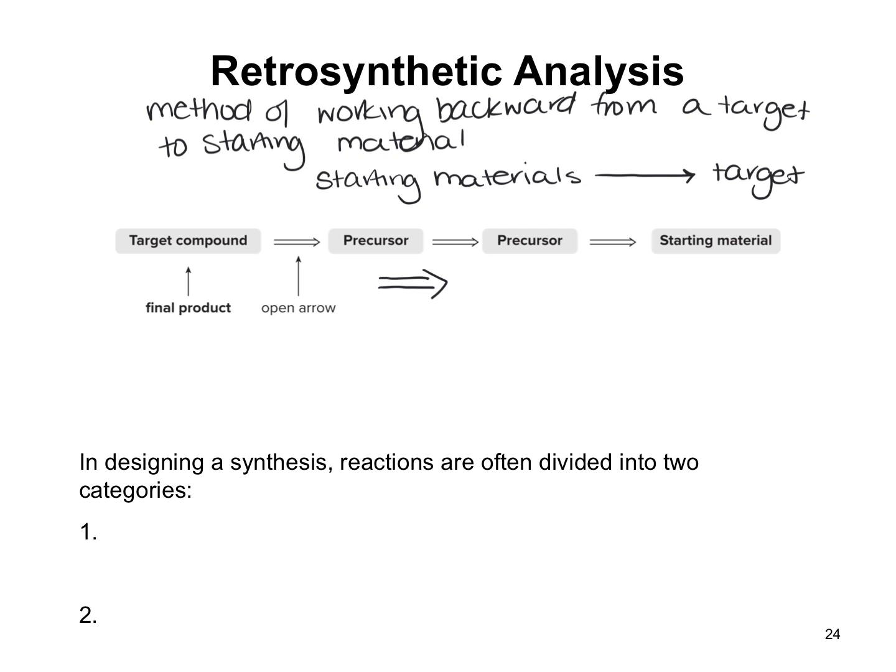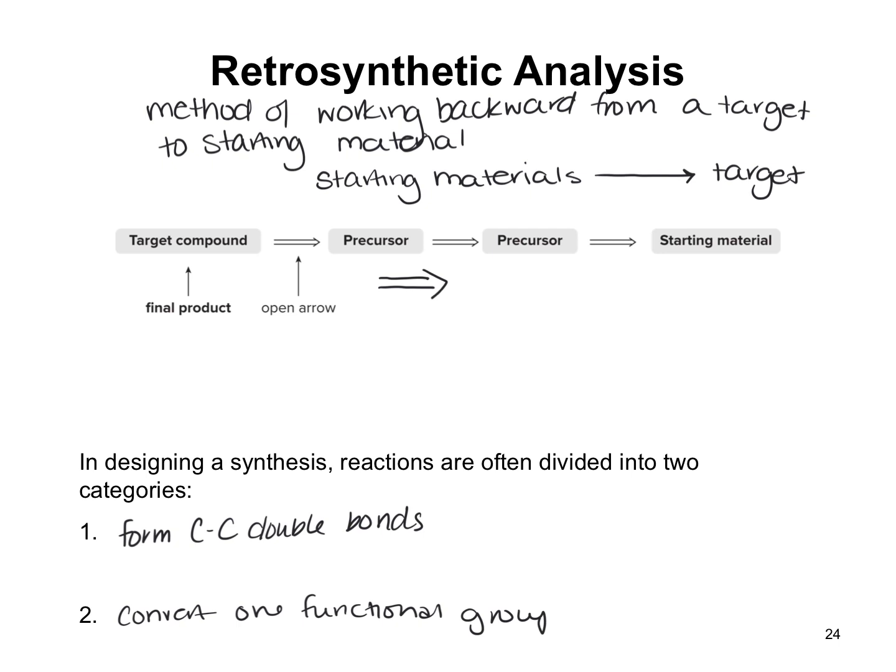Now, when we design a synthesis, reactions are generally divided into 2 categories: those that form carbon-carbon bonds, and then those that change functional groups, so convert one functional group to another.